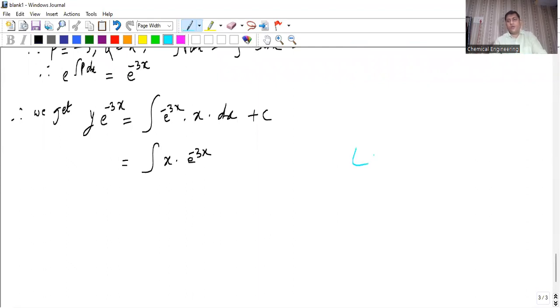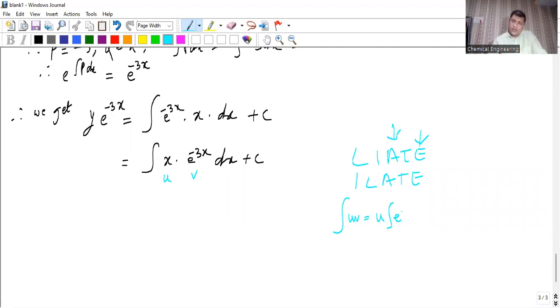We know the ILATE rule: algebraic first and then exponential at the end. So this is algebraic and this is exponential. This is going to be u and this is going to be v. Integral of uv = u times the integral of v minus the integral of the derivative of u times the integral of v. This is integration by parts.